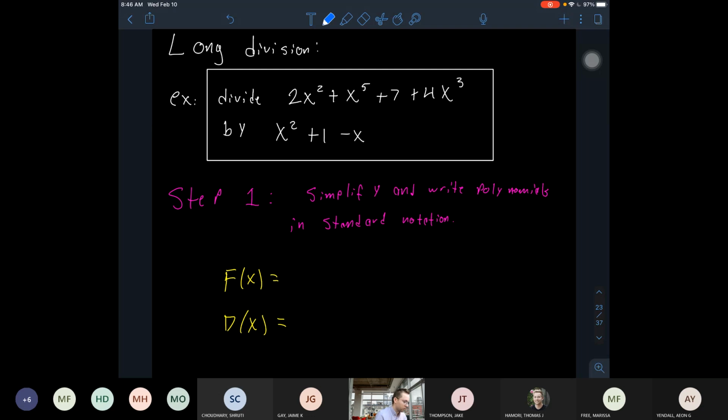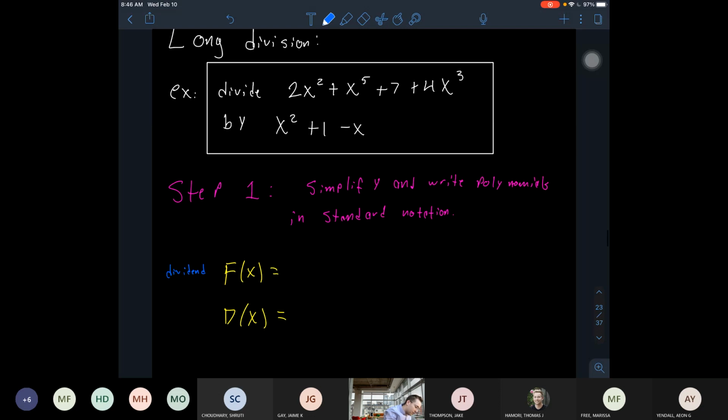Okay, so the first step is to take each of our polynomials, simplify them, and also identify which one is the dividend and which one is the divisor. Remember, the dividend was f of x, and the divisor was d of x.